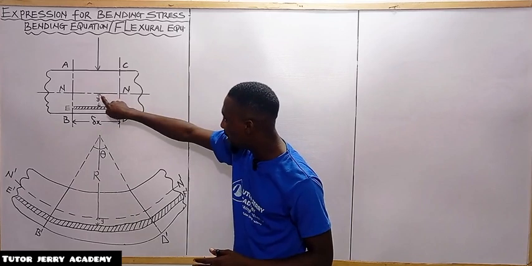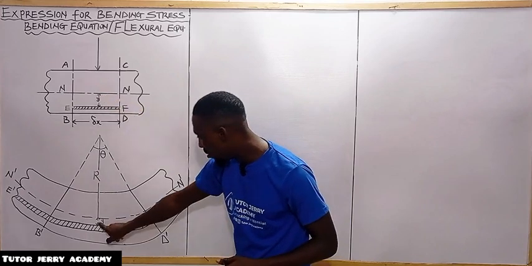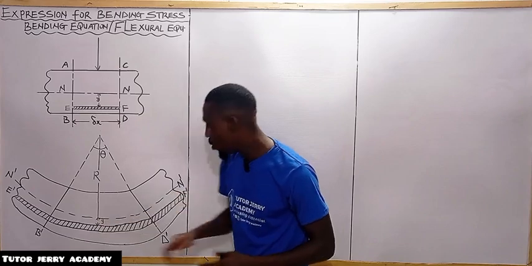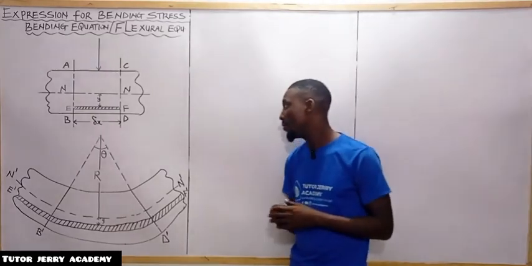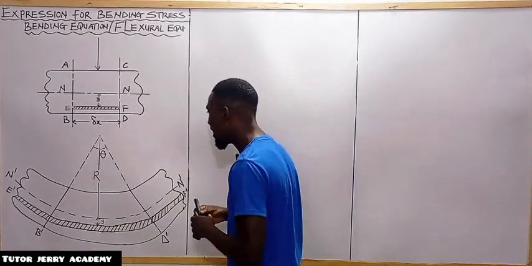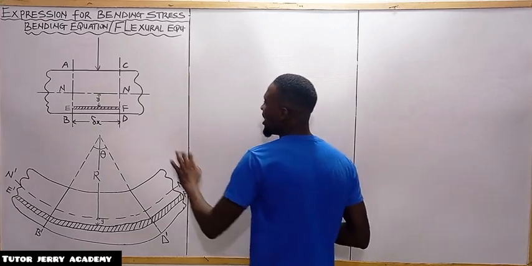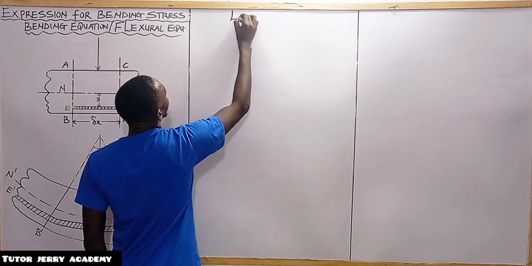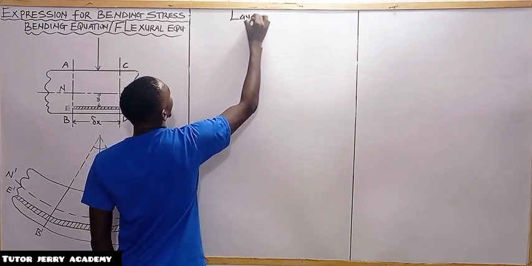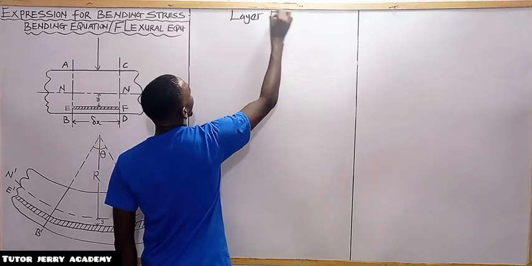So the distance from this point to this point is y, and from this point to this point too is y. All right, so for us to start the derivation, we are going to be considering layer EF. So let's consider layer EF.